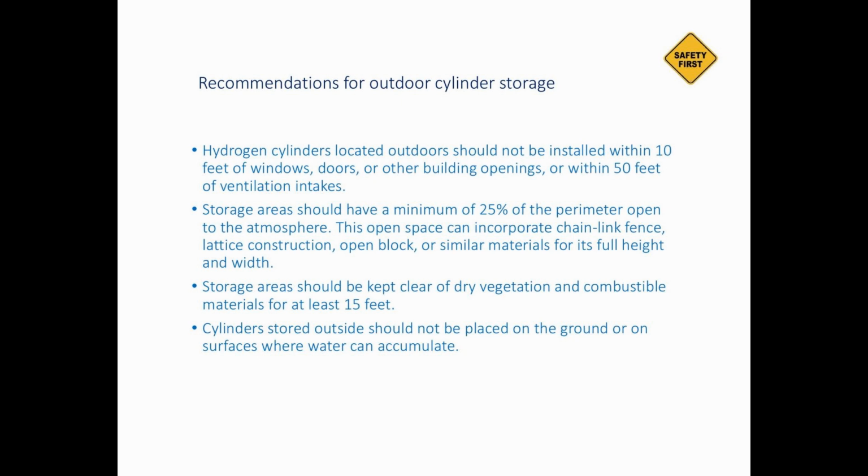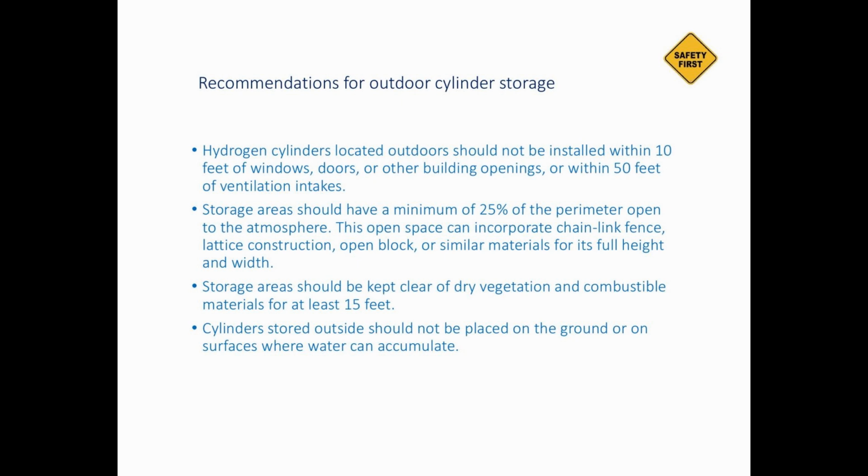The storage area should be kept clear of dry vegetation and combustible material, like wooden pallets or something, at least 15 feet. Cylinders stored outside should not be placed on the ground or a surface where water can accumulate, so it can rust your cylinder.